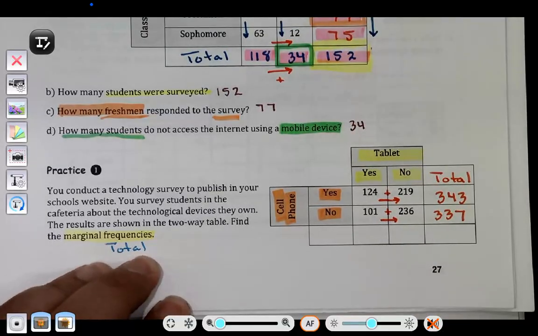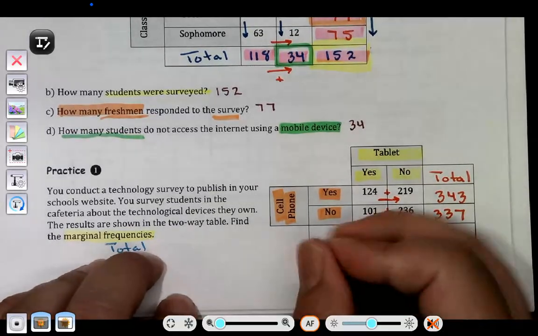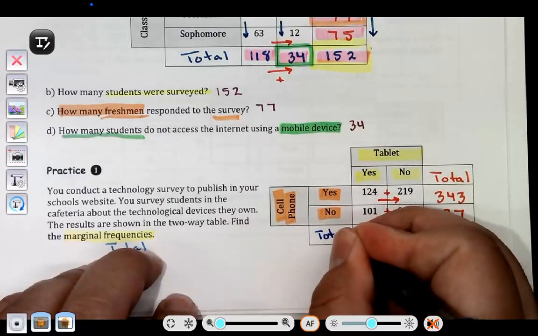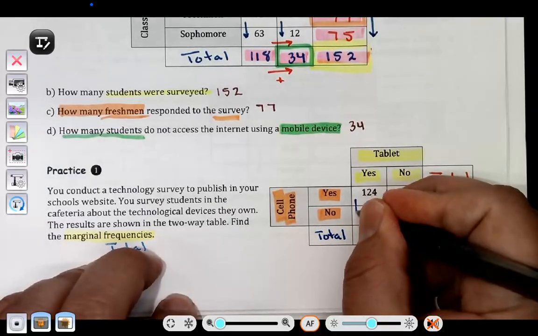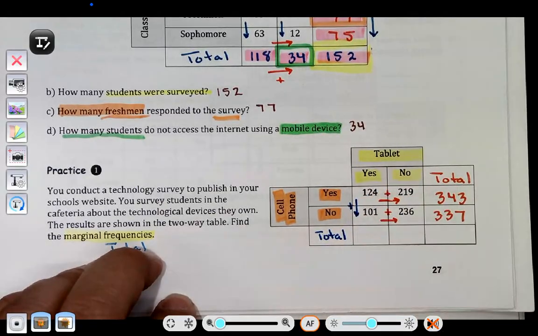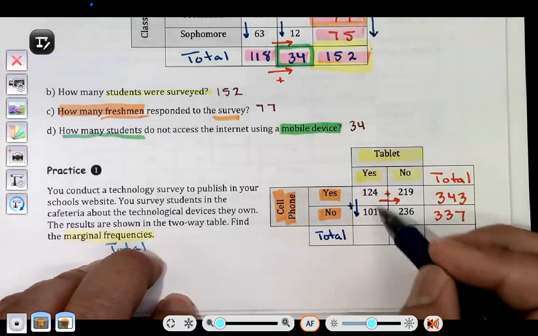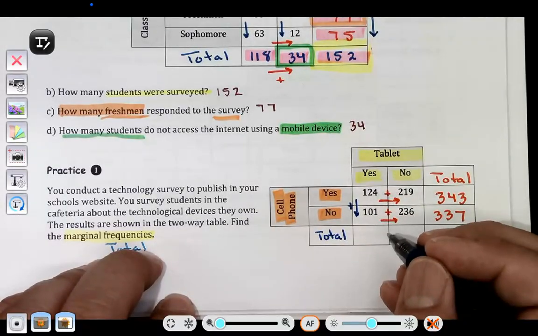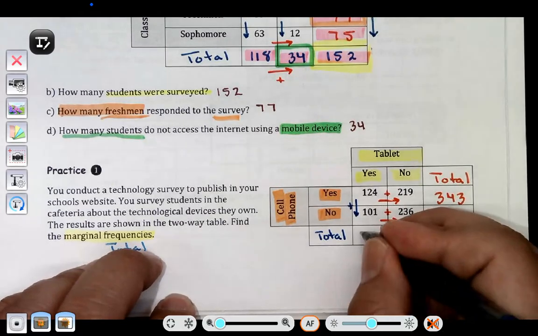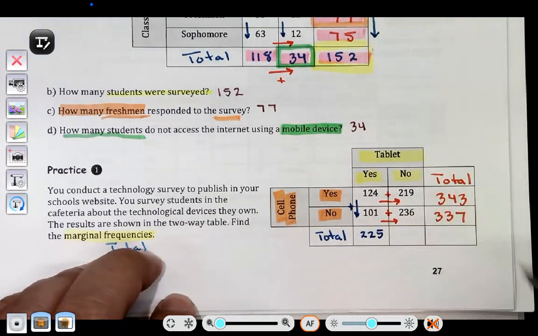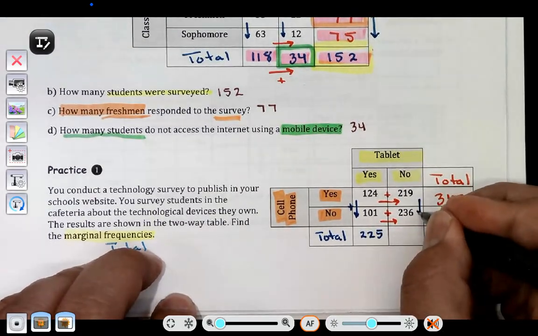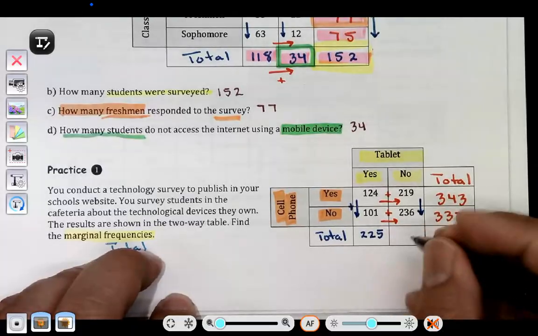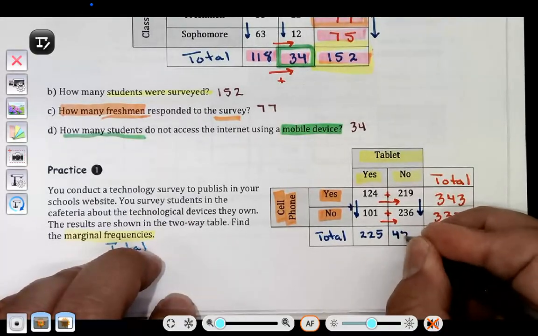All right, well, now I'm going to do the total for the other direction. So right here, we're going to add these. How many said yes to having a tablet? 225. Okay, 225. And how many said, no, I don't have a tablet at all? 455.